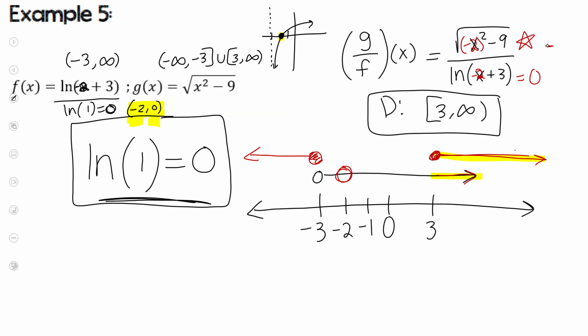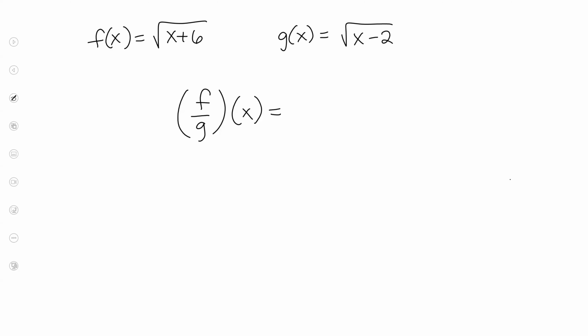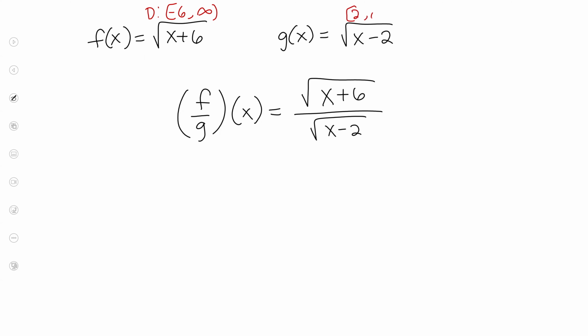That's it. Great job. F of x is square root of x plus 6 divided by the square root of x minus 2. Before we begin, please tell me what the domain of this is. -6 to infinity. This one? 2 to infinity. Okay, so let me do a little number line.